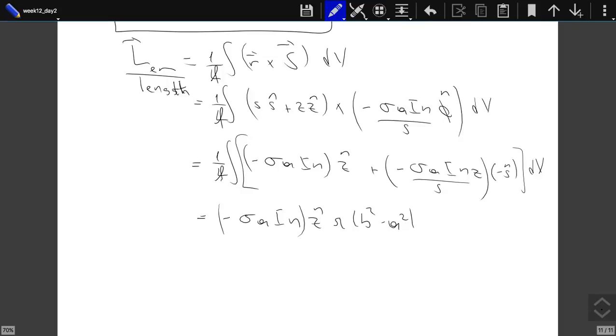The second term, what's the integral? It's 0. But to see that, I can write this volume integral as a surface integral over a cylinder, and then integrate over the radius of this cylinder also.